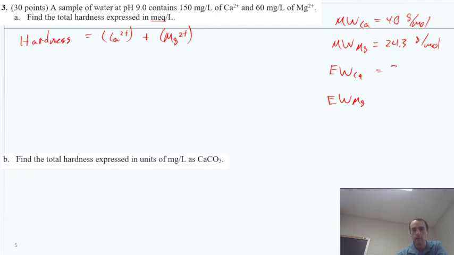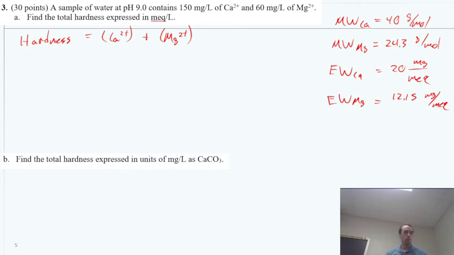So each divided by 2, we'll get 20, excuse me, not grams per mole, milligrams per milliequivalent, or grams per equivalent. So it's milligrams per milliequivalent charge. That's essentially moles of charge, by the way. That's why it relates to the per mole of the substance. And 12.15 milligrams per milliequivalent.